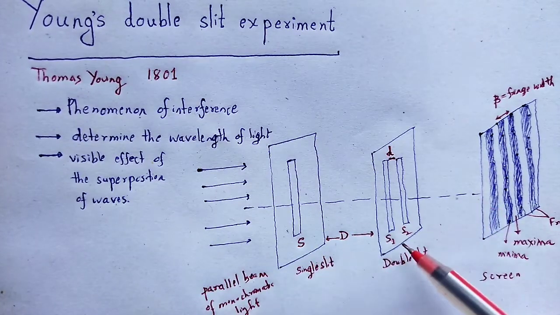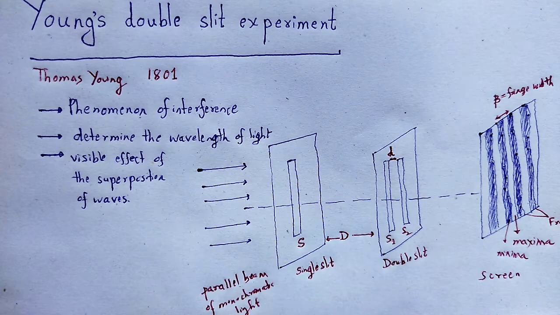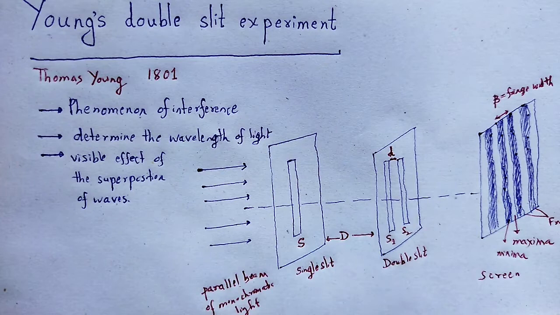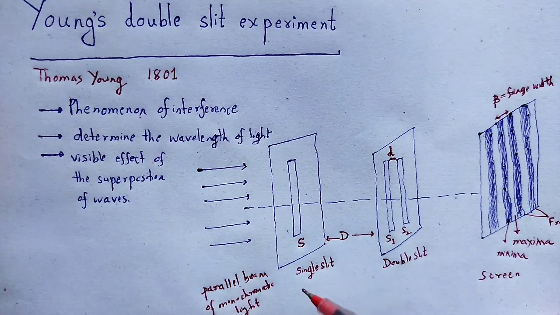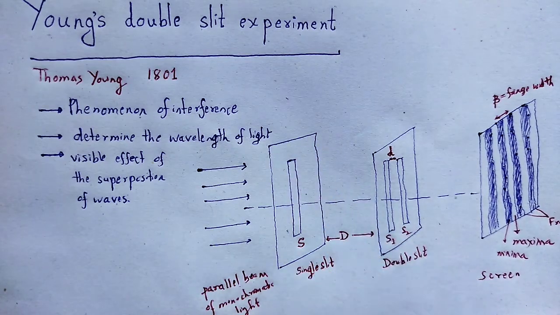Here the slits S1 and S2 are very close to each other, the distance d between them being approximately 1 millimeter. This double slit is placed a few centimeters from the single slit.